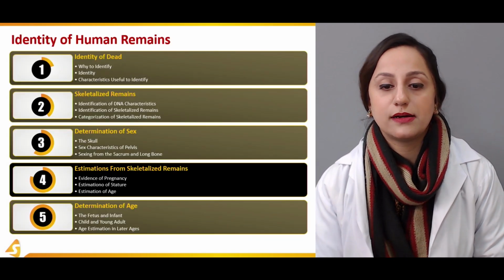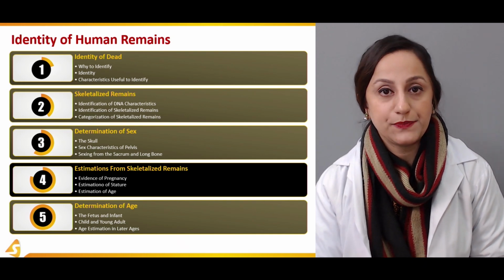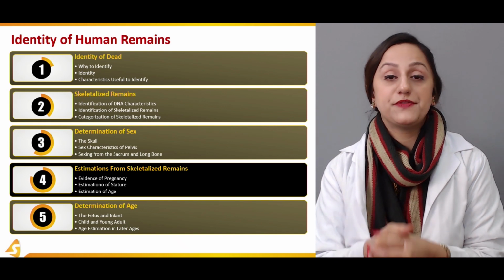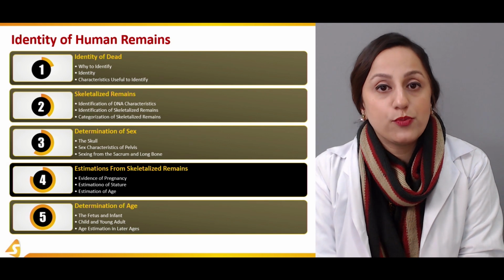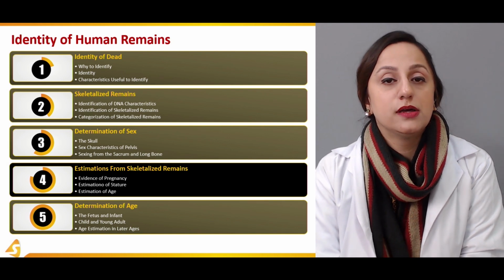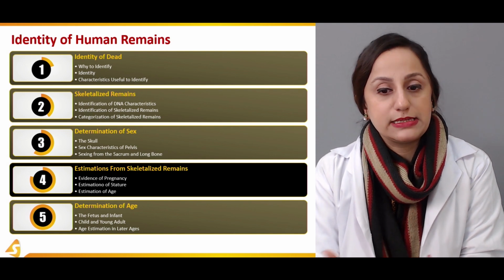So in this section particularly, we'll be dealing with the evidence of pregnancy. It is of higher importance that the skeletalized remains can point towards the changes that the body has to deal with during pregnancy.